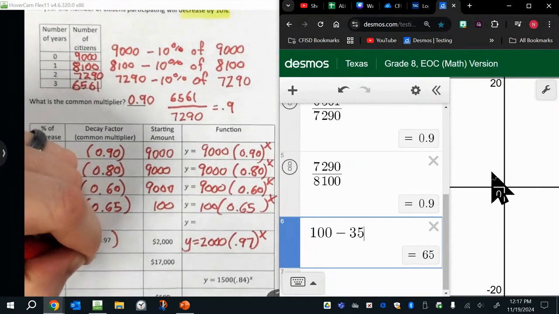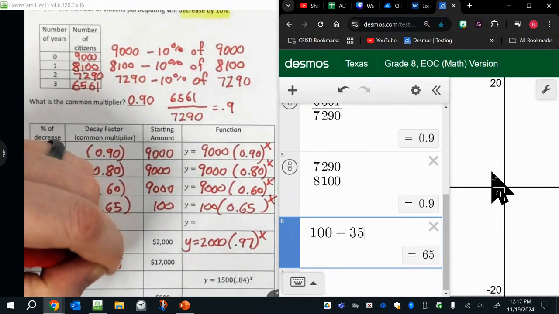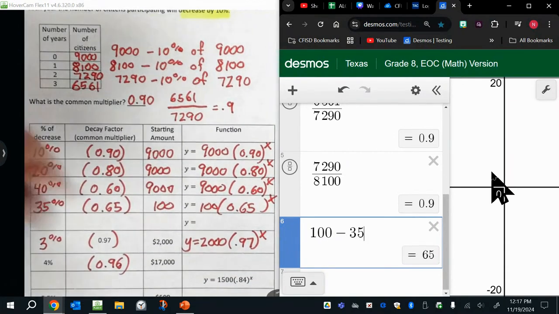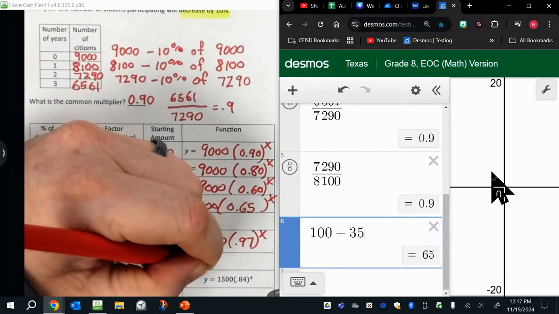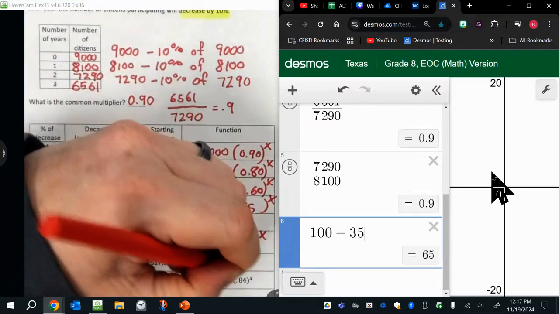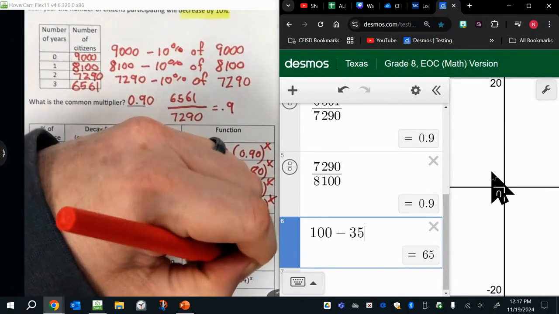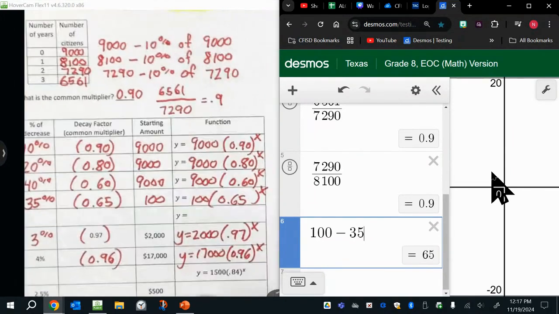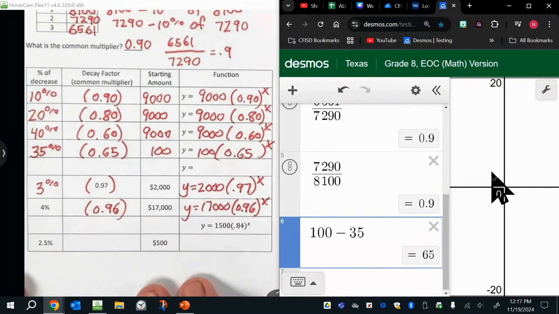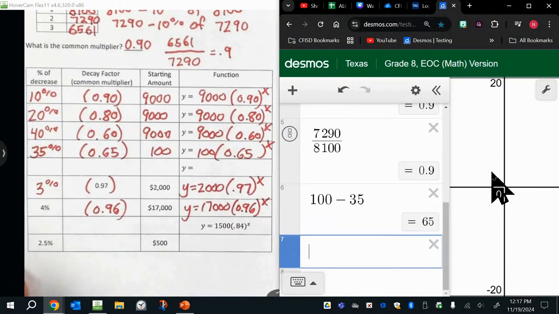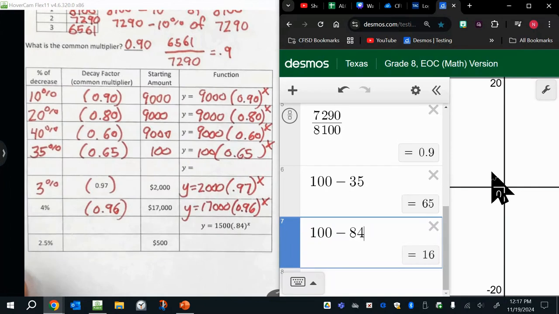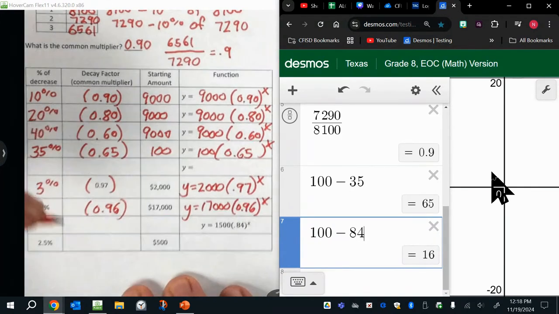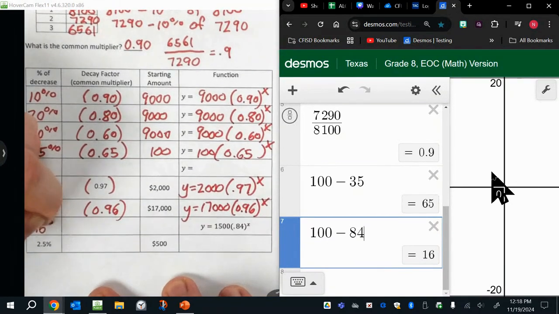If it's a 4% decrease, 0.96. So this one's starting at 17,000, and it is going down by 4%. So you have 96% left. If this is 0.84, think of it this way. What is 100 minus 84? 16. So this would read 16%.